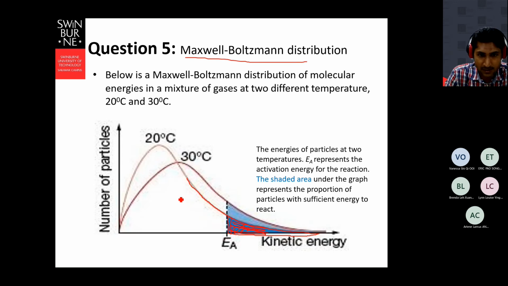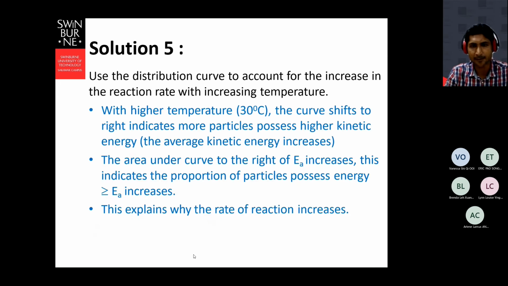At 20 degrees centigrade the reaction is still occurring if this is the activation energy, but not that much. But at 30 degrees centigrade more particles are inside, so more reaction is occurring, more vigorously, more fast.